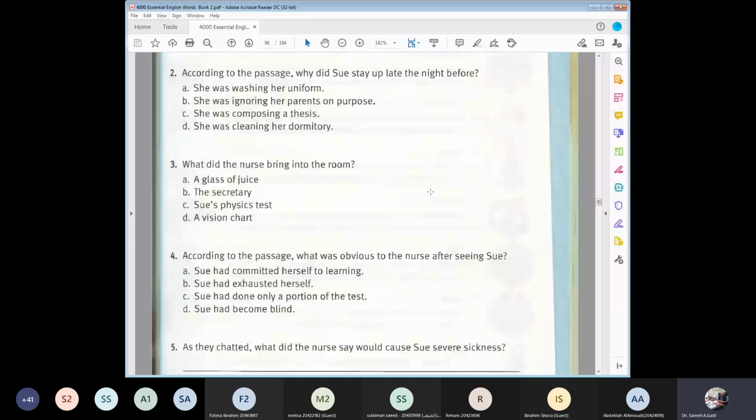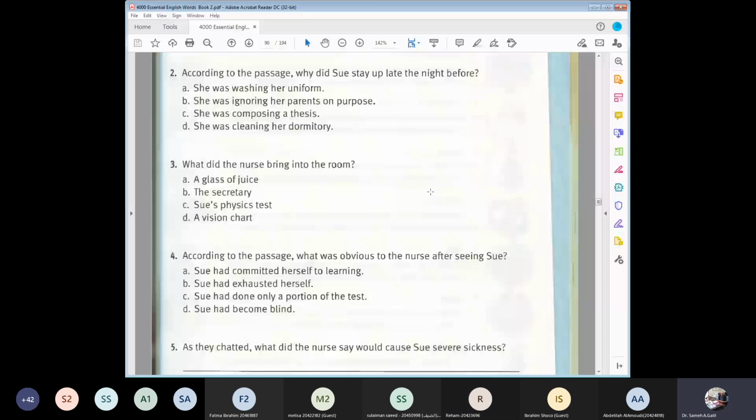I'm confused myself. Let's vote on that. Would you like to vote? She was washing her uniform. Would that require her to stay up late while she was composing a thesis? She was composing a thesis. What do you think? I think it's none of the above, if you ask me. Okay. I don't know myself.